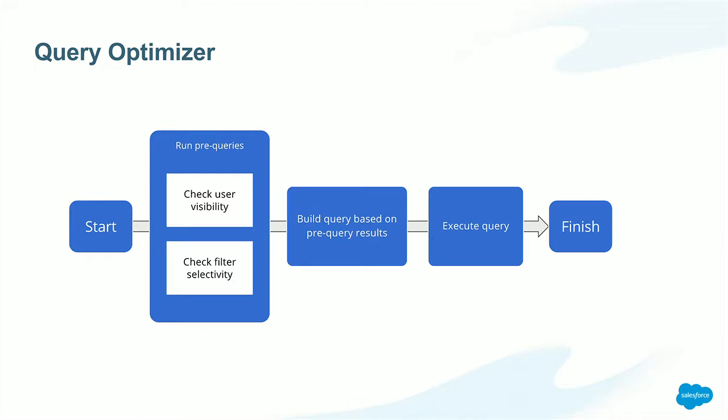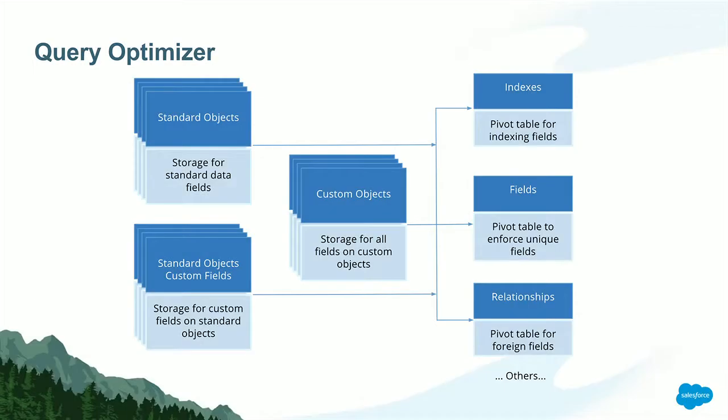Because of the Salesforce platform nature, the platform stores its own statistics to help the database later to choose the best way to access the data. And these statistics are stored nightly.